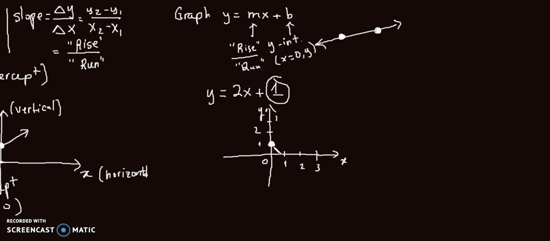Then the slope m equals 2, which is rise over run, so I can express 2 as 2 divided by 1. From this point I move up 2 and to the right 1 unit, and that is my second point. The line through these 2 points is my graph of y equals 2x plus 1.